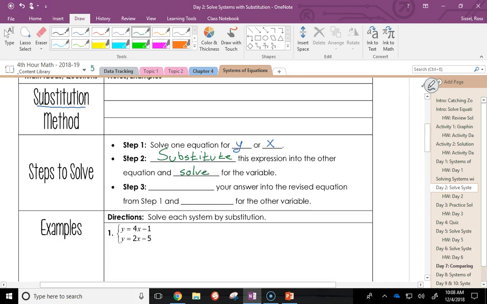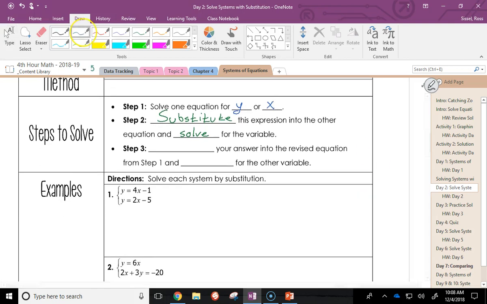So let's pretend on step 1 I solved for y. I got y equals 7 minus x. Step 2, I'm going to go into the other equation. Since I said y equals 7 minus x, wherever there's a y, I'm going to take that y out and put 7 minus x in. And then I'm going to solve for x.